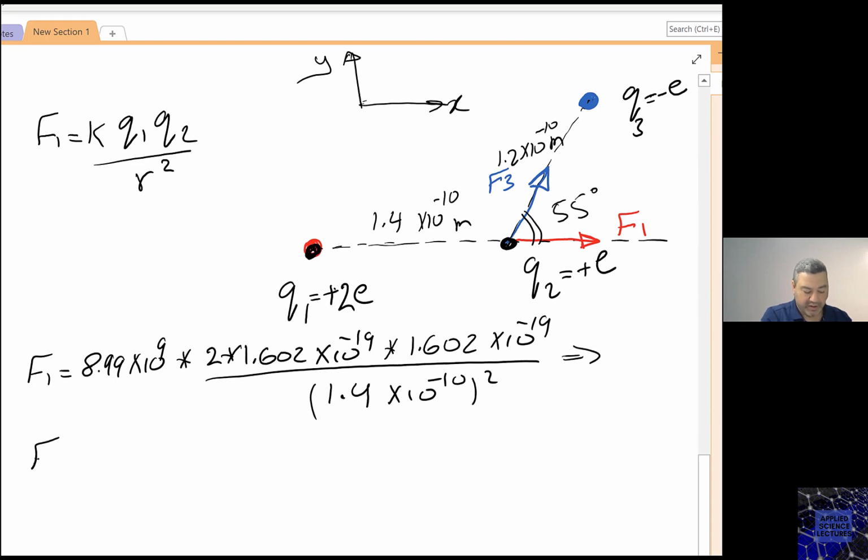In this case, F1 equals 2.35 10 to the power minus 8 Newton.